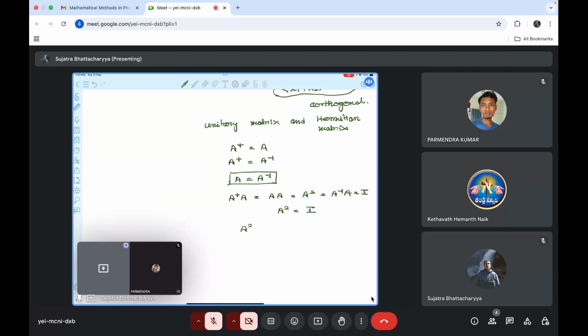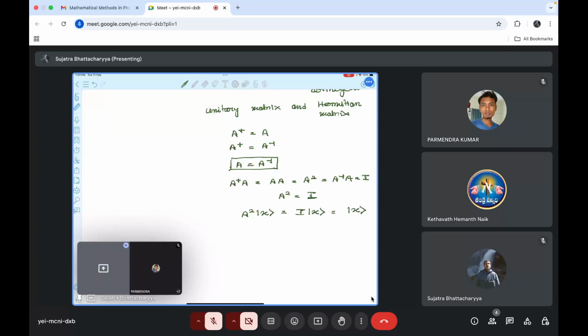So A square x should be equal to the identity, so you can write it like this, Ix. What is the value of the identity operating on x? It's the same vector x, nothing else.